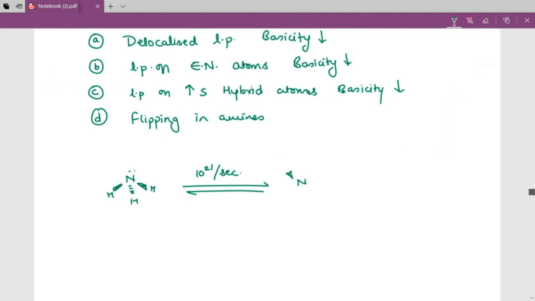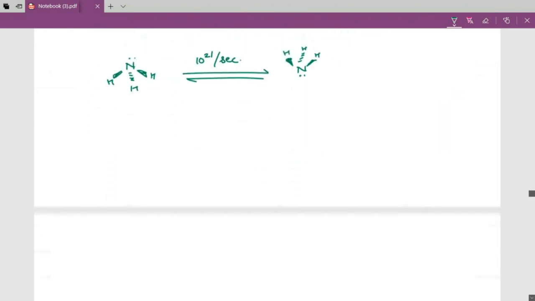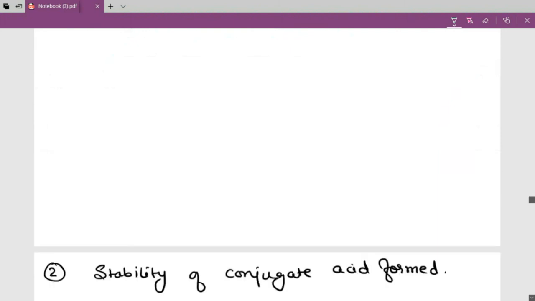This will become exactly an upside down, inverted structure like this. As a result of this flipping, basicity goes down. So, if somewhere flipping can be stopped, then certainly an increase in basicity will be observed immediately.